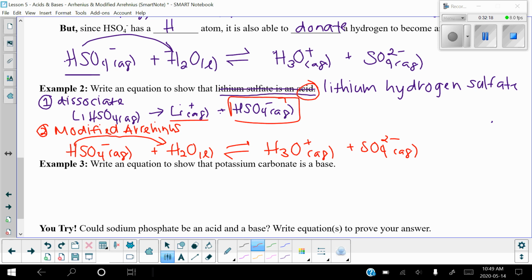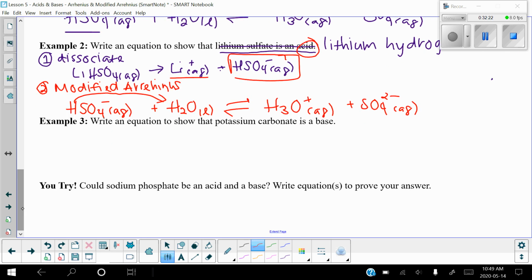Okay, let's do another one. Write an equation to show that potassium carbonate is a base. So the first thing you're going to do is write a dissociation reaction. So 1, dissociate. You're going to take your potassium carbonate, K2CO3 aqueous, dissociate it.